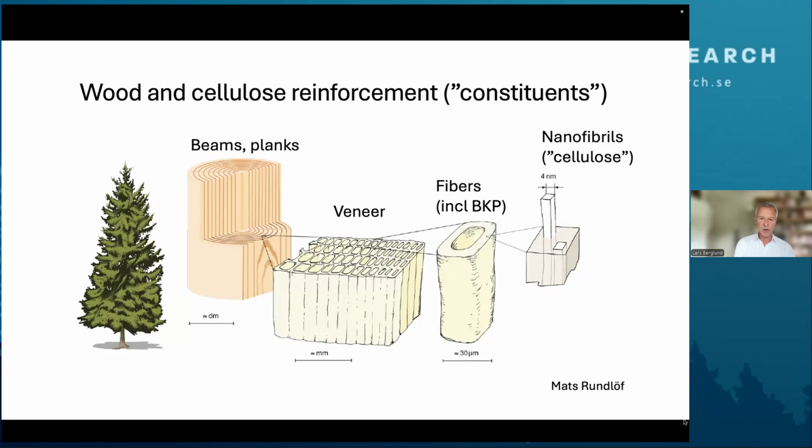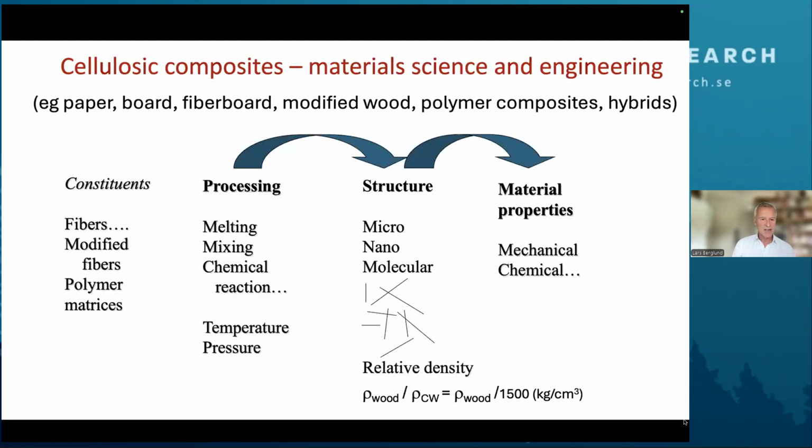The crystal has a modulus of 130 gigapascal, but let's say we could achieve an effective modulus of 100 gigapascal. That's quite impressive for a polymer. So that's what we're going to utilize.